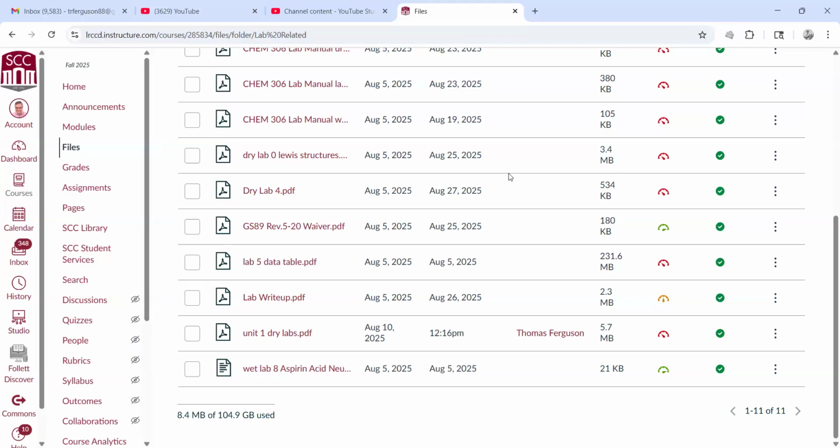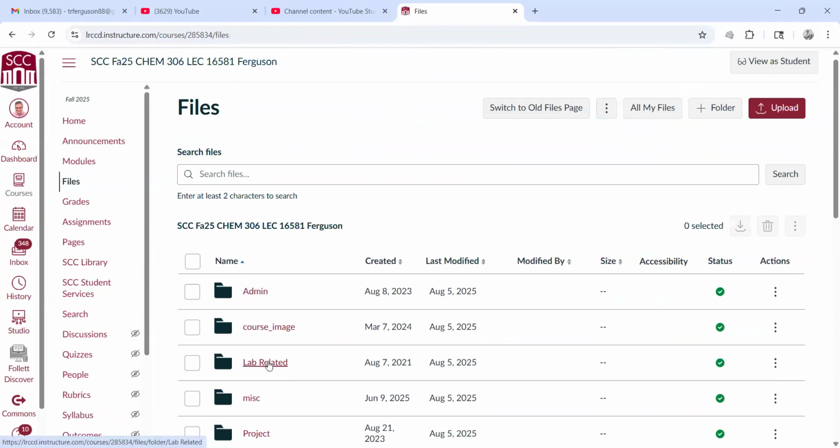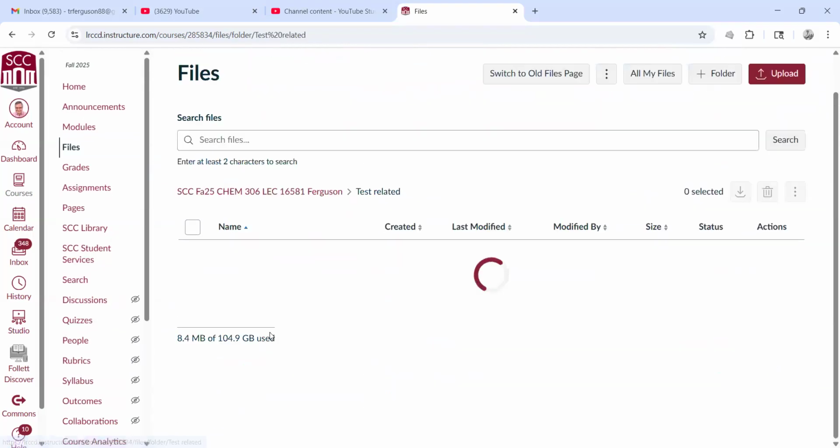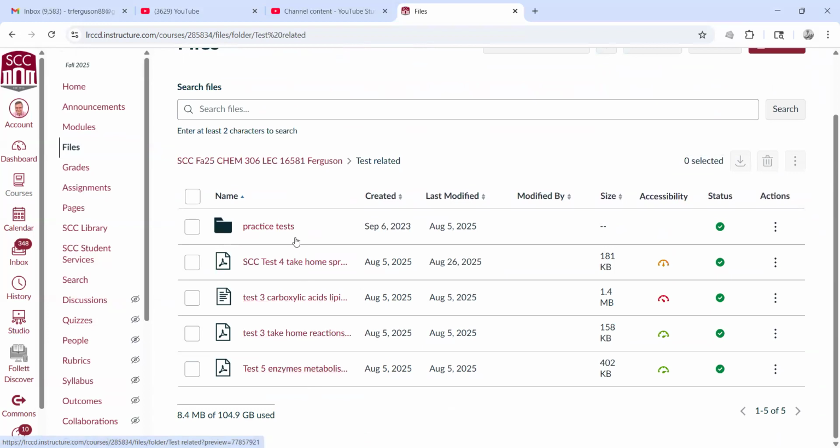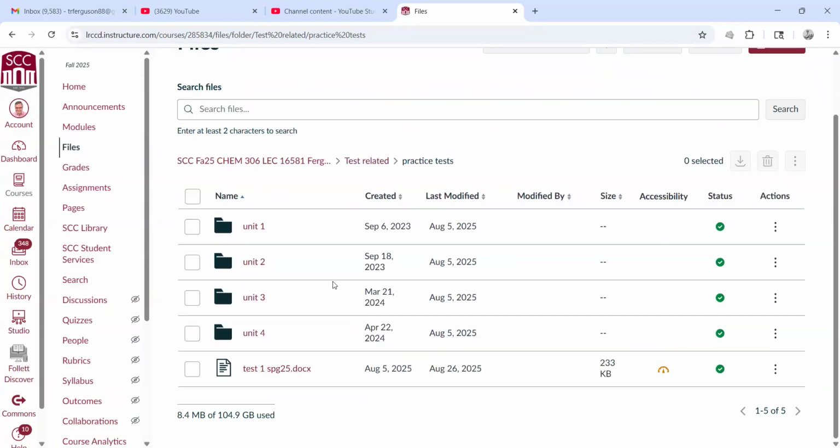Before the tests, we're going to have a Unit 1 review, and basically I'll go over practice tests with you from last semester, which would be this one here.